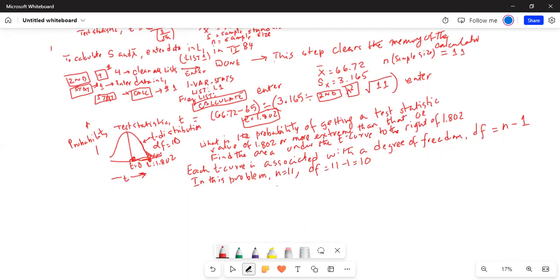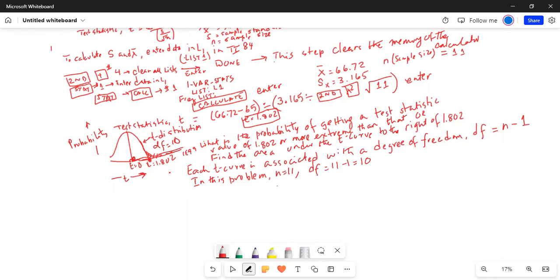Now, like a Z curve, this T curve also extends on the right to a very large number, somewhere over here is 1E90. So how do I find the area? Okay.